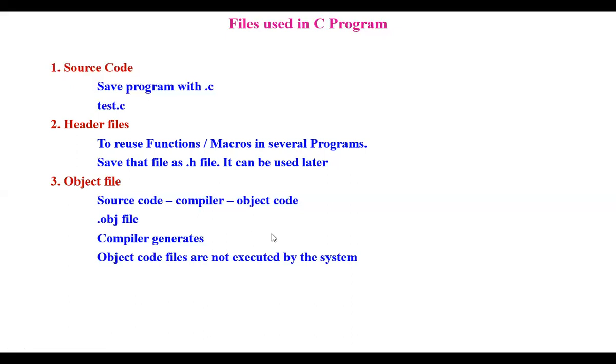In the installation of our C compiler, we have seen two things: one is compiling, second is running. Running means execution of the program. If you compile, you only create this object file, not the executable file. So the compiler just generates the object file, but it cannot be executed.